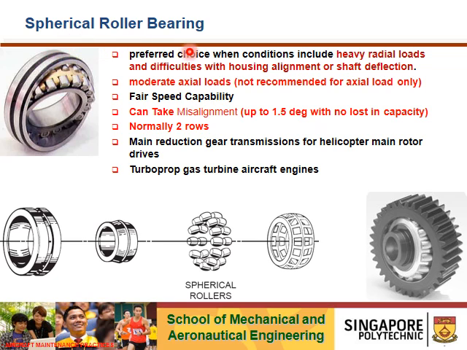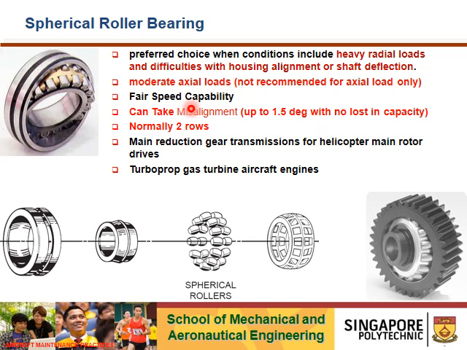Spherical roller bearing is a preferred choice when conditions include heavy radial loads and difficulties with housing alignment or shaft deflection. If you have a condition where there's axial loading only, then it's not recommended to use spherical roller bearing. It has fast speed capability.